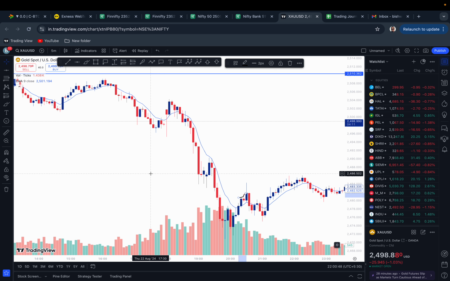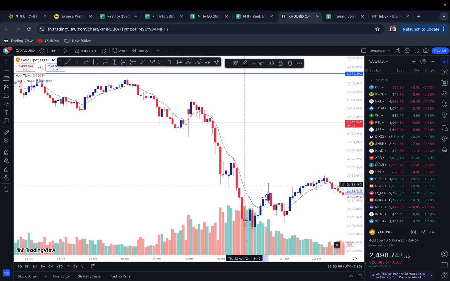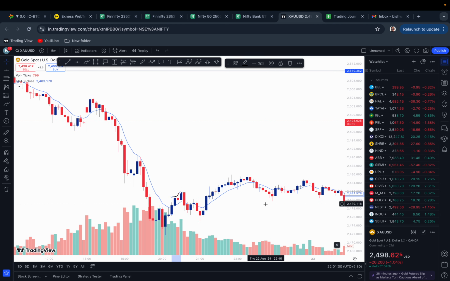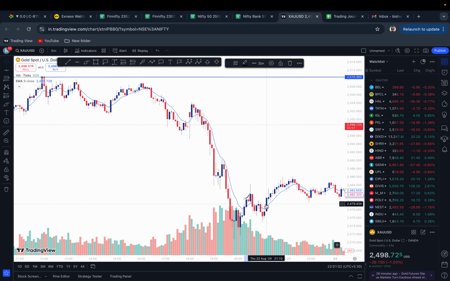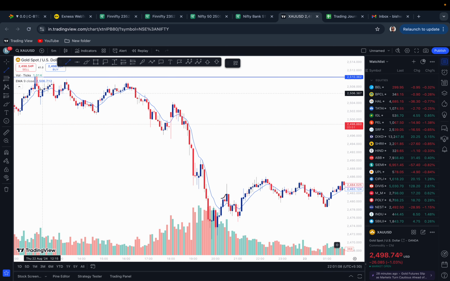For the XAU, it was on 22nd, 22nd to 480. So let me draw some lines. I love drawing this resistance and support line.